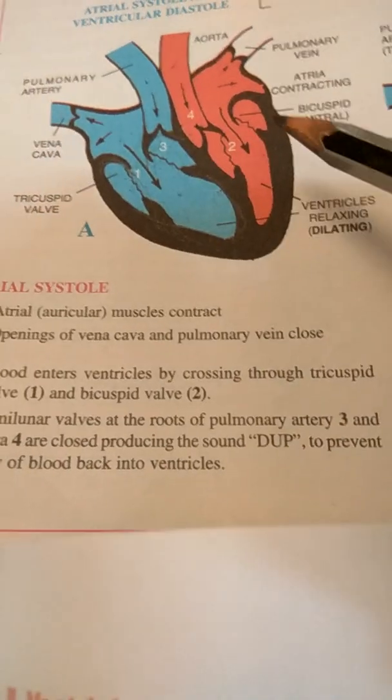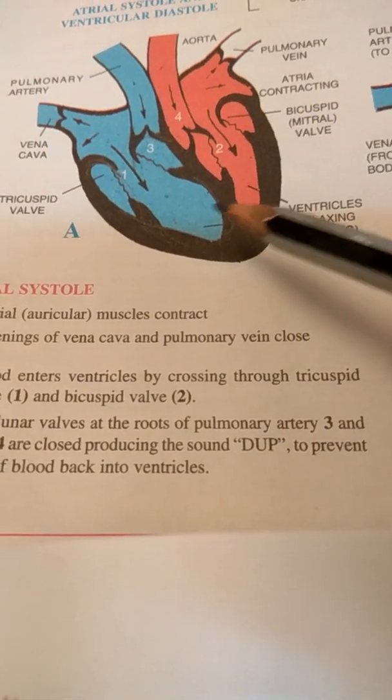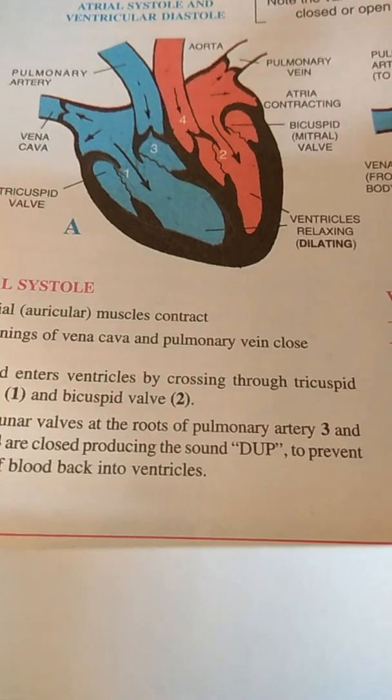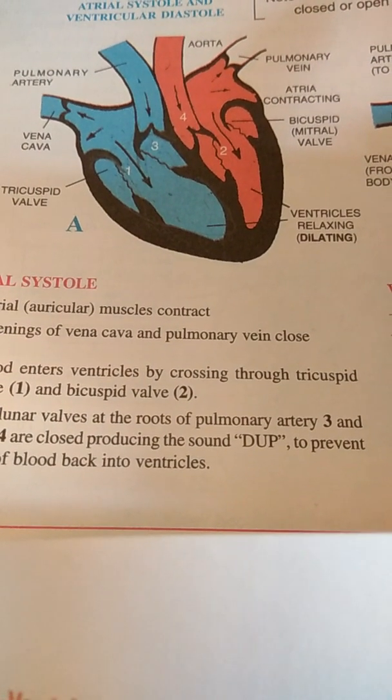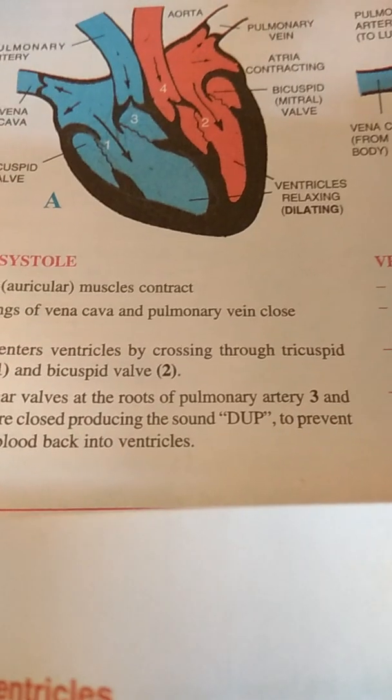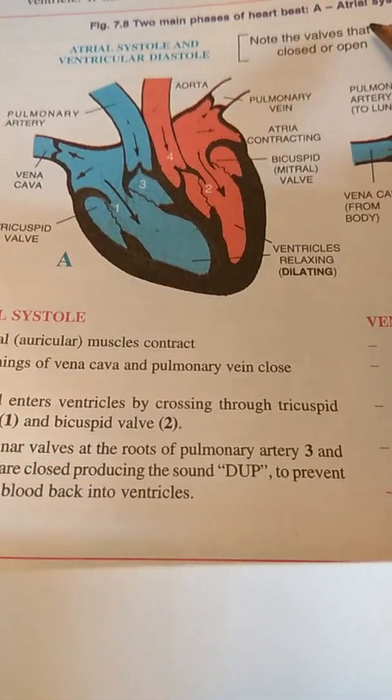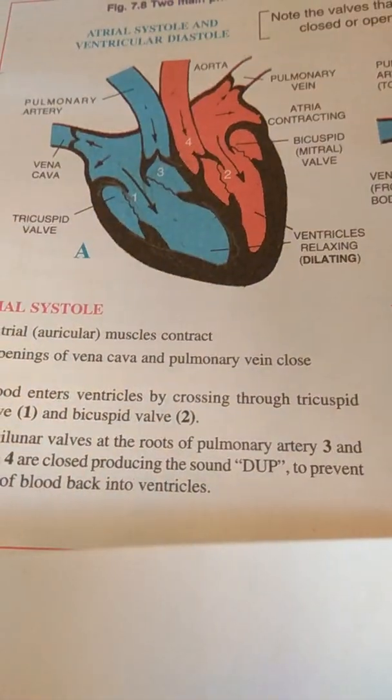So this is the function of chordae tendineae: they hold the tricuspid valves in position to prevent their overturning.